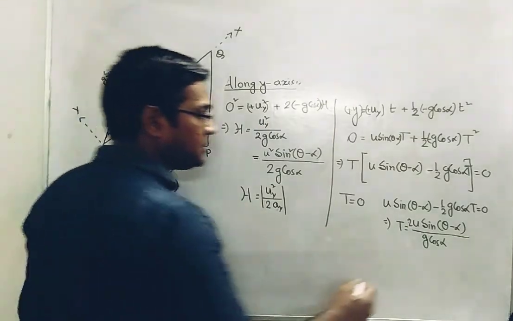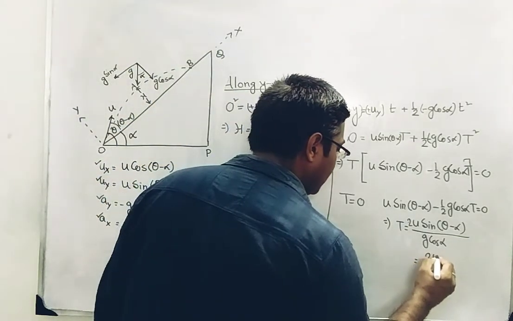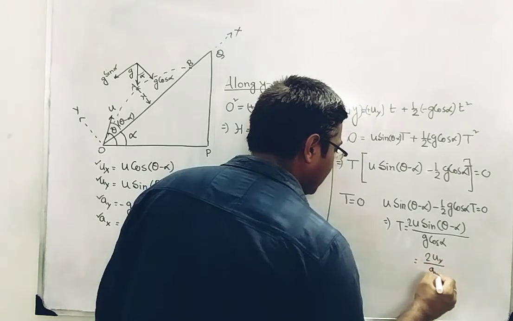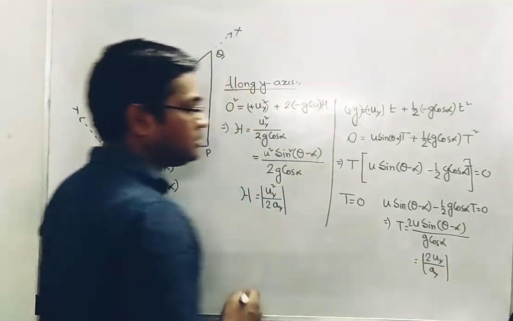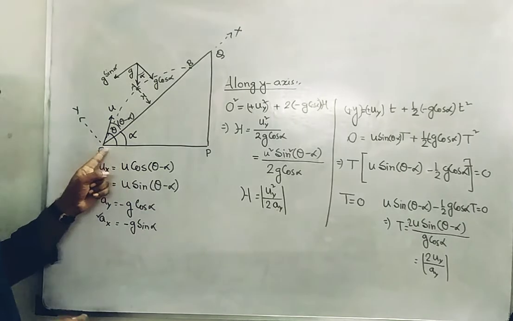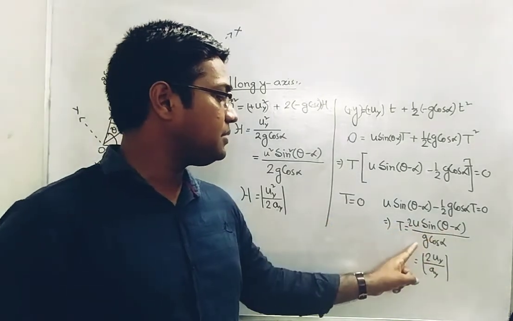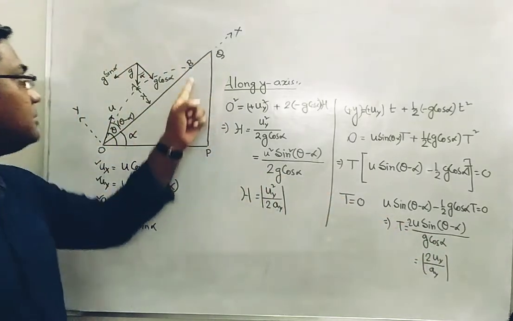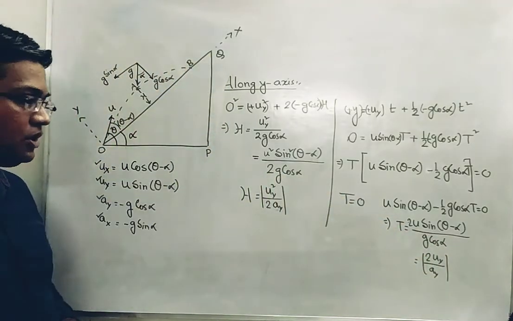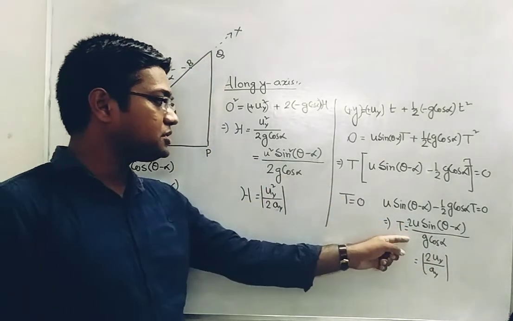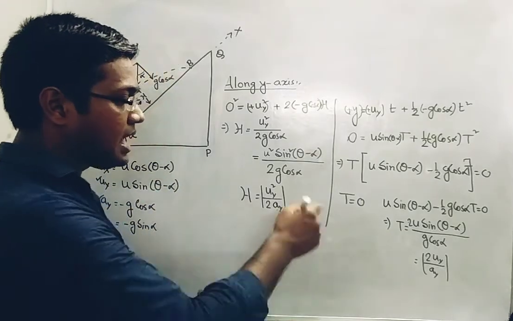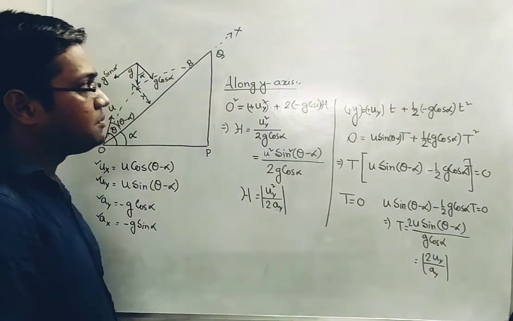It is basically nothing but 2uy divided by ay. So t equals 0 when the particle is here, and t equals 2u sin(theta minus alpha) divided by g cos alpha when the particle is at point B. This is the expression for the total time of flight.